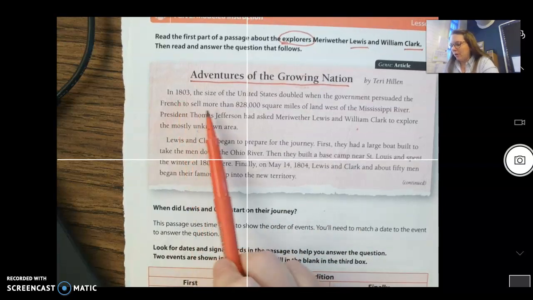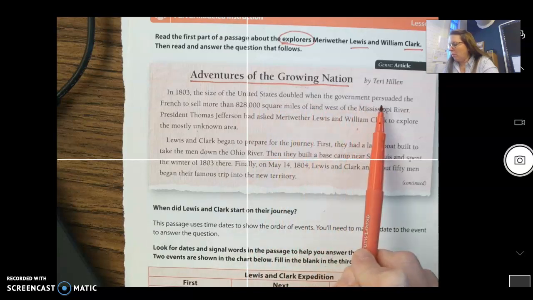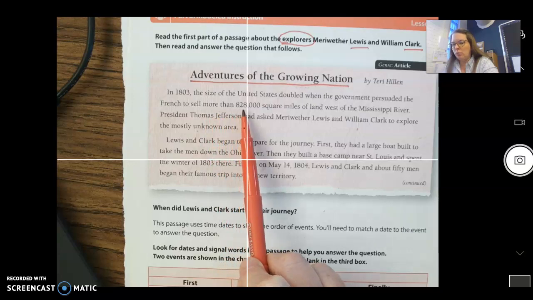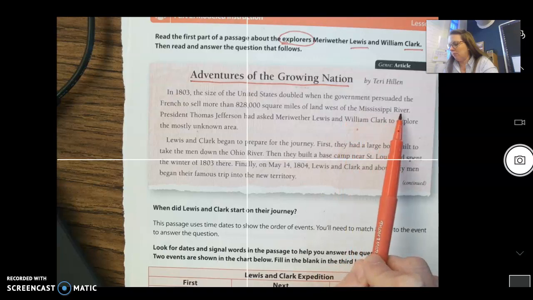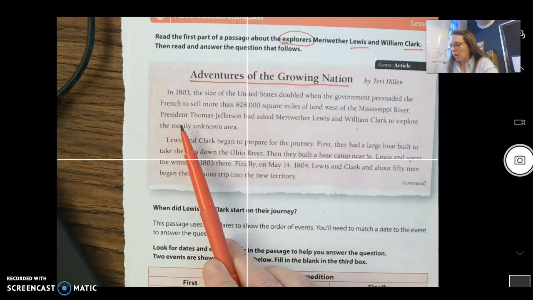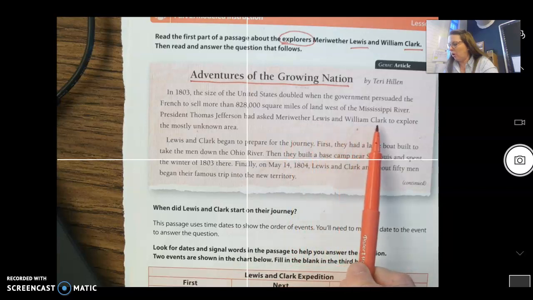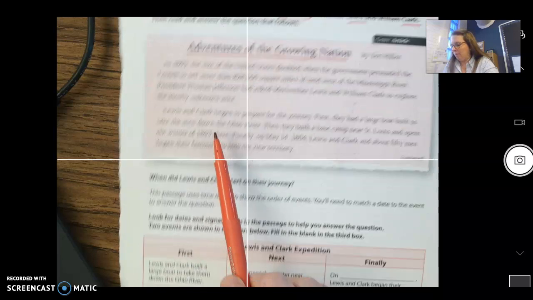In 1803, the size of the United States doubled when the government persuaded the French to sell more than 828,000 square miles of land west of the Mississippi River. President Thomas Jefferson had asked Meriwether Lewis and William Clark to explore the mostly unknown area.